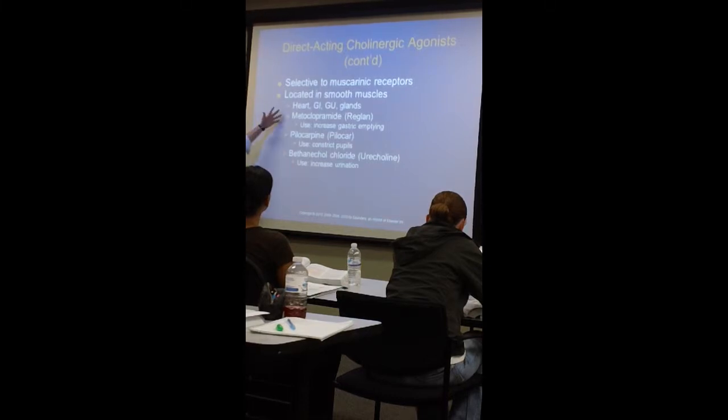Understanding that, we have medications like Reglan, which increases gastric emptying. It's interesting. What's another use of Reglan? Anybody know? For nausea and vomiting. Nausea and vomiting.